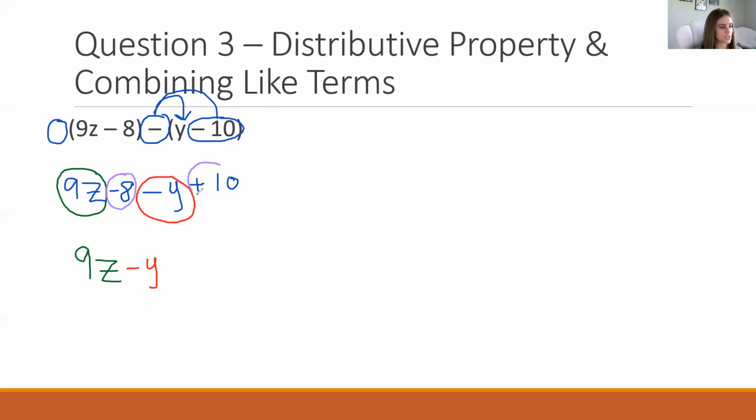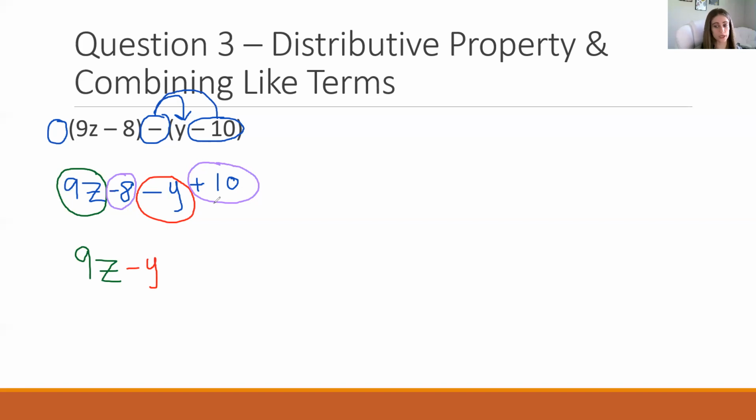Yeah, positive 10. That means these guys can be combined. Remember those rules of adding and subtracting. If their signs are the same, you add it and it stays the same because you're continuing down the number line. If their signs are different, you subtract and take the sign of the larger absolute value.